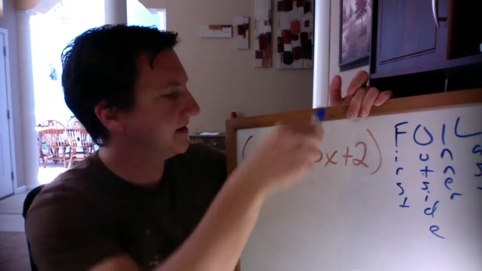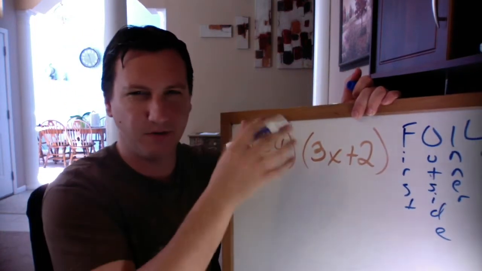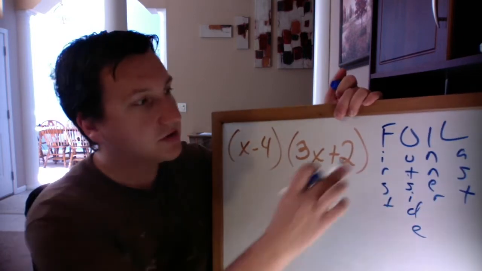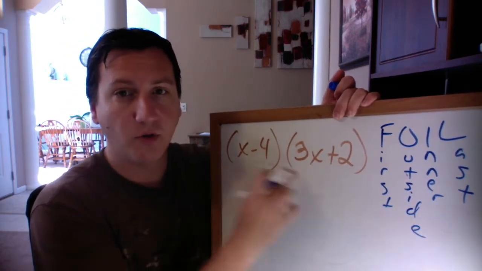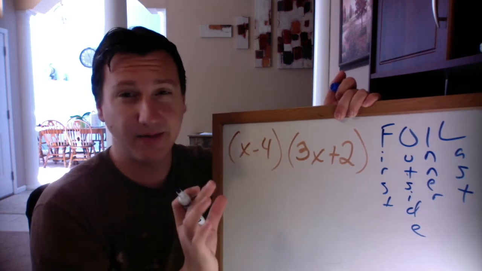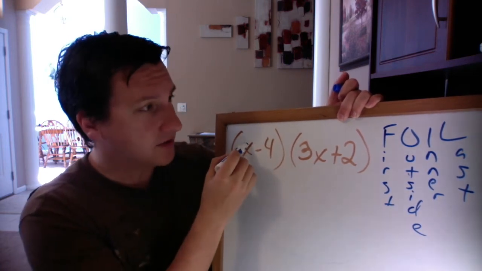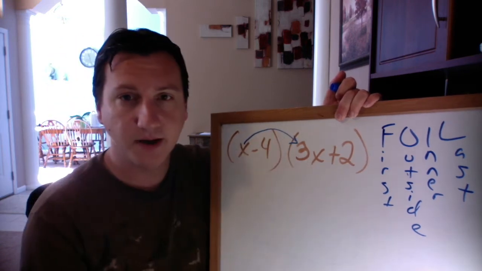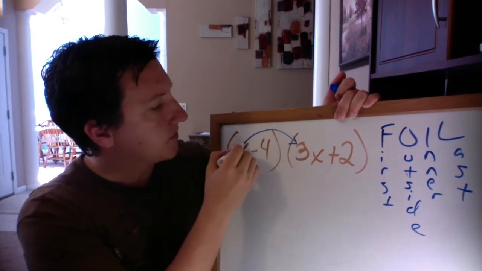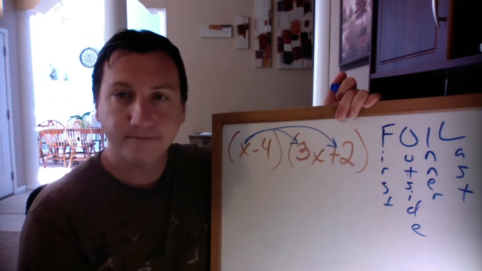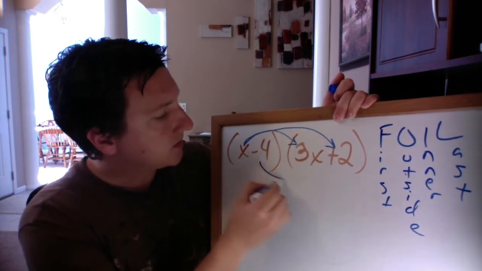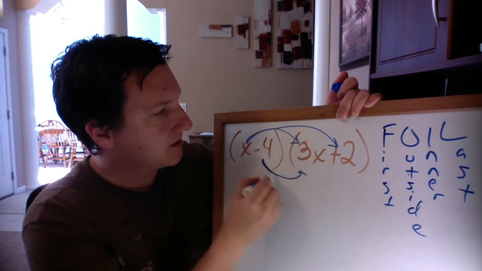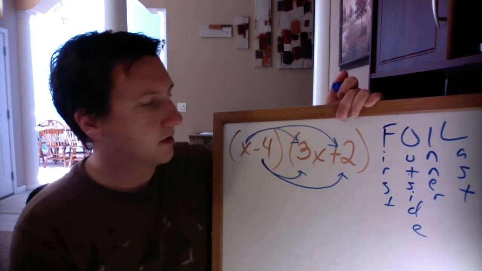It's going to get a little crowded here in just a moment, but then I'm going to erase it and show you. Using the FOIL method, I'm going to multiply two terms at a time. I'm going to take the first term times the first term and multiply those. Then I'm going to go to that term and do it with that one, and that term and do it with that one.